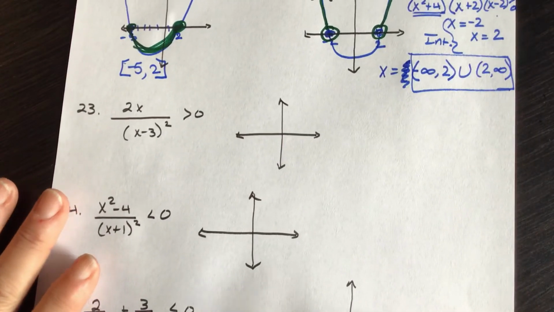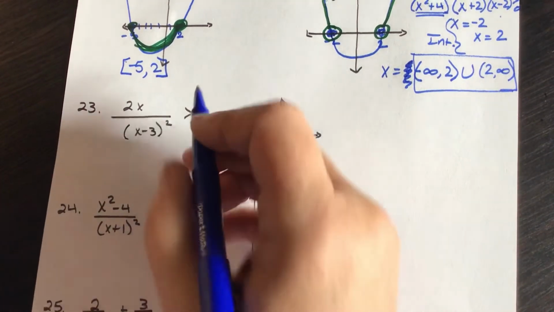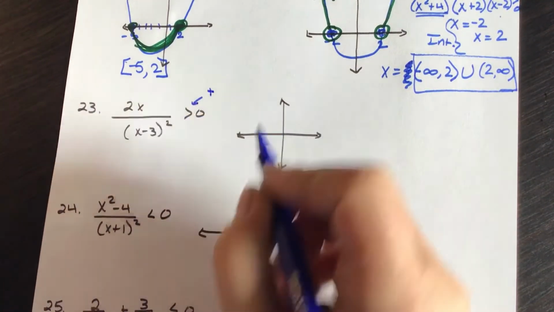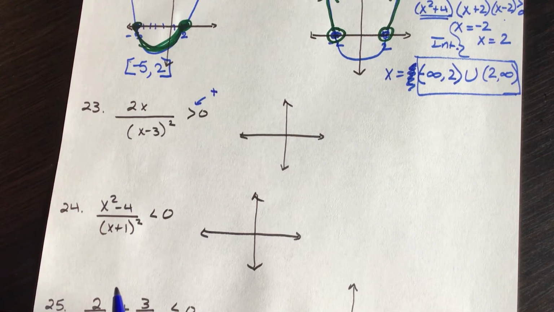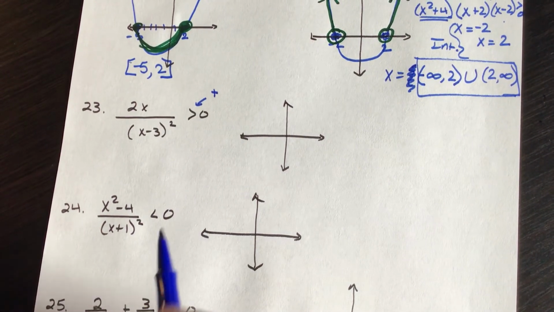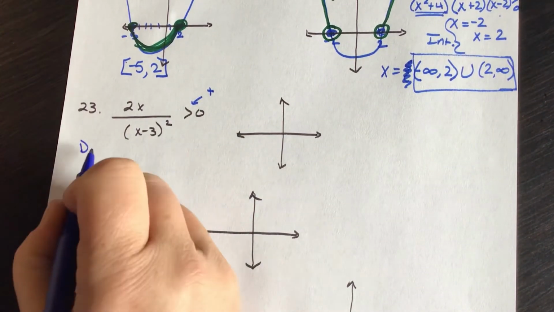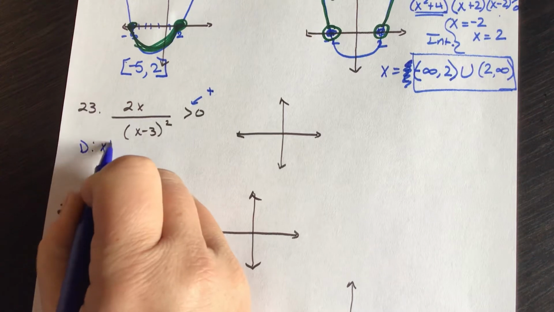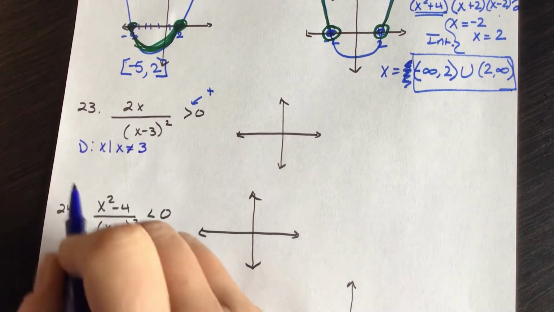Number 23, this is a rational function. I want the positive values greater than 0, not including the intercepts. So the first thing I'm going to do is look for my domain. And my domain is for all x cannot equal 3.